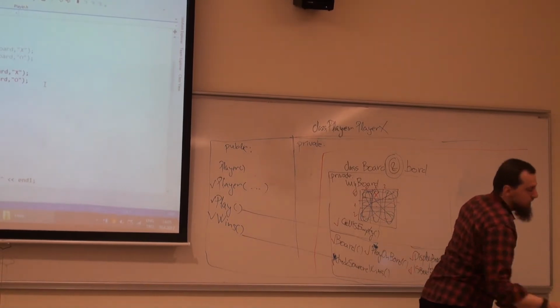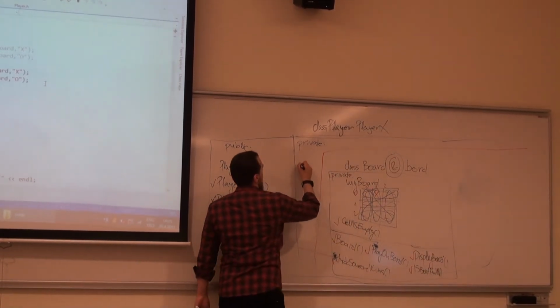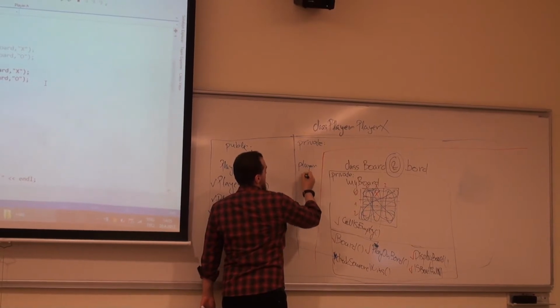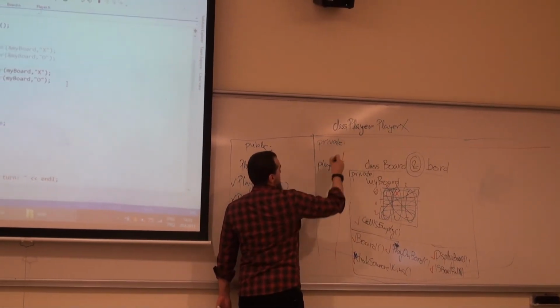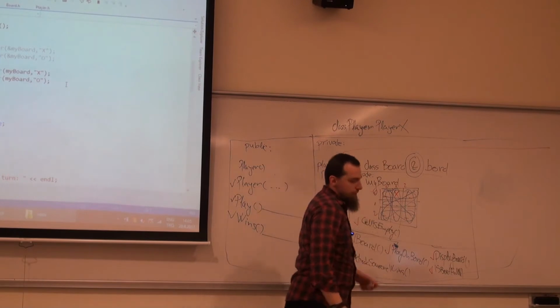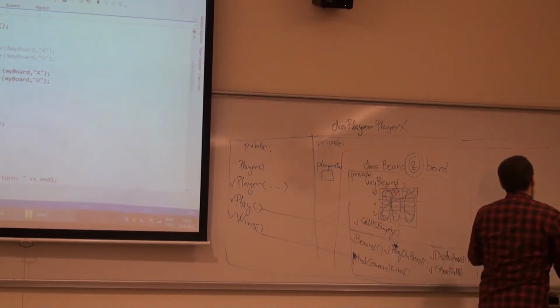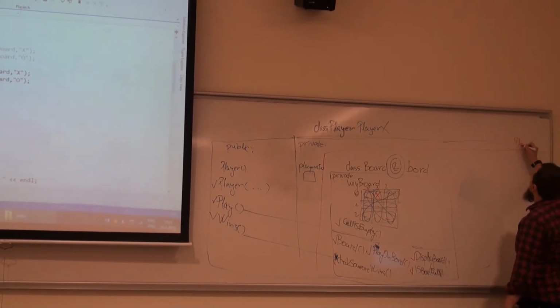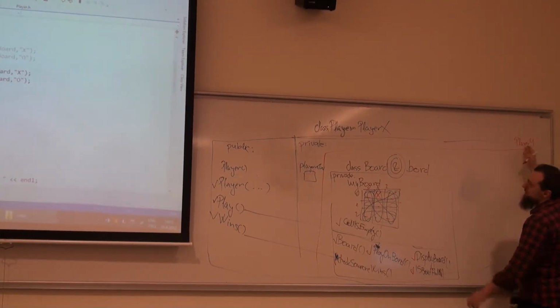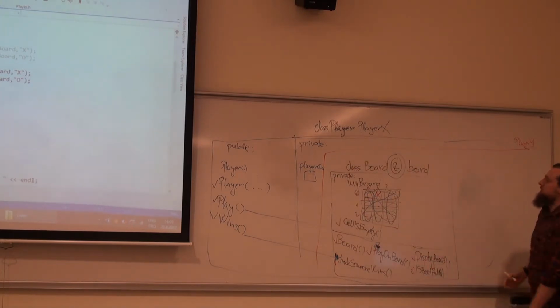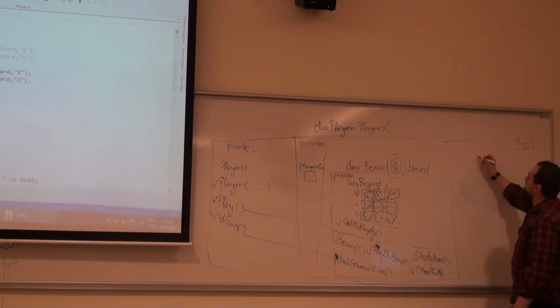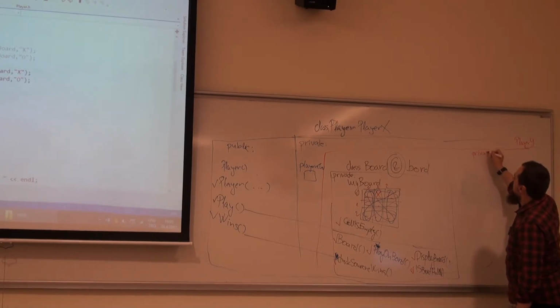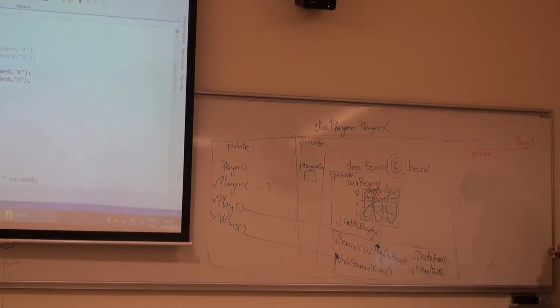It will be here, player char of player X. So we have another object which is called player Y, and they both share this guy here. Okay, and it's a private part for both of them.